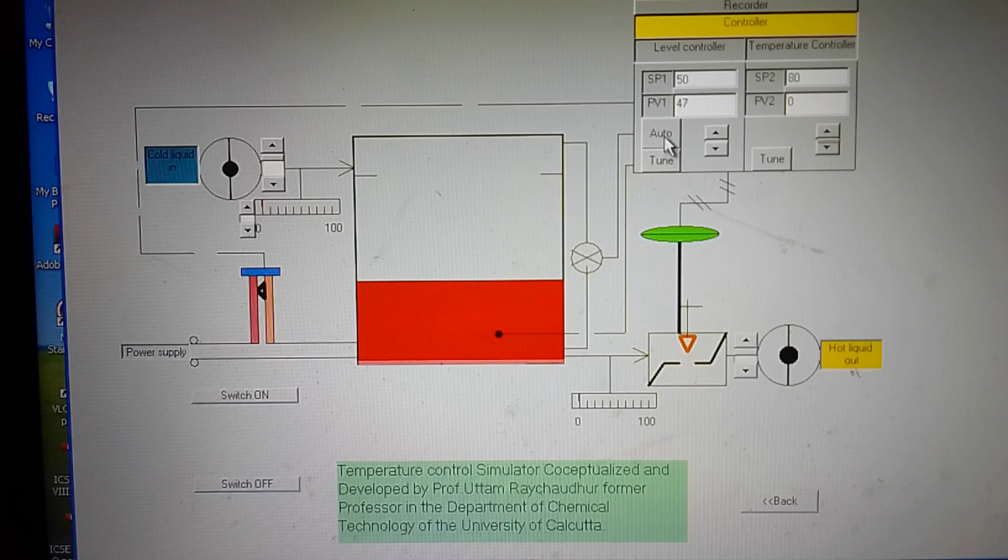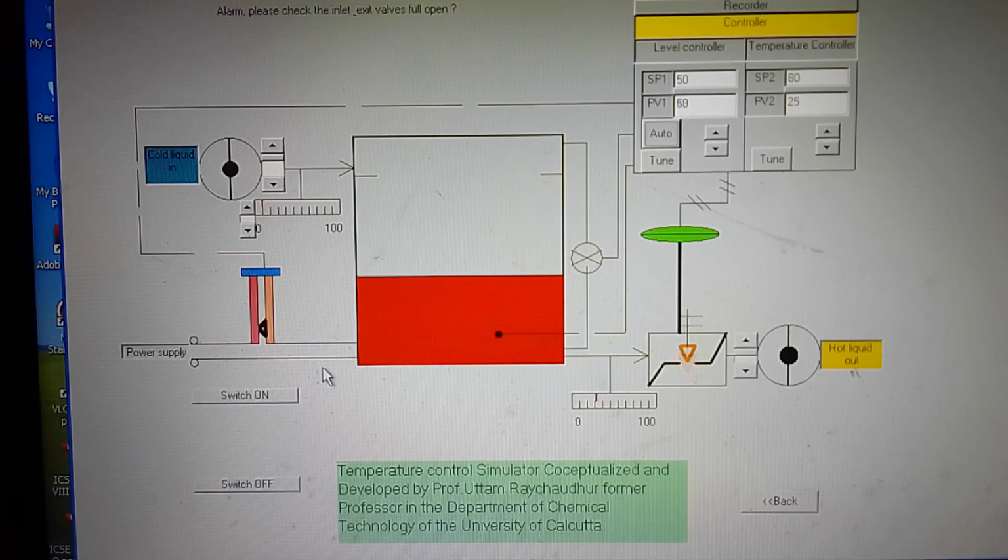Then press auto, and you will see the action here.